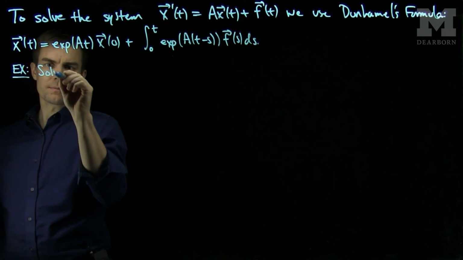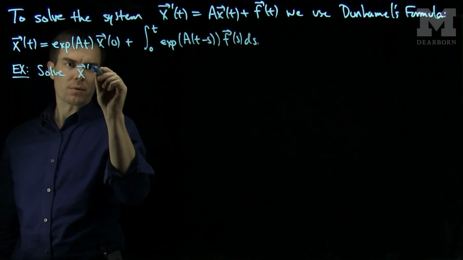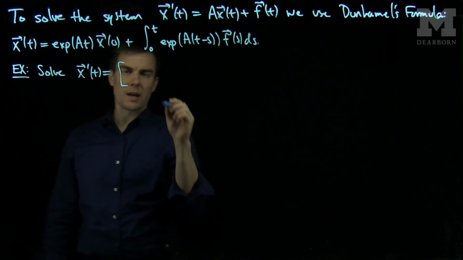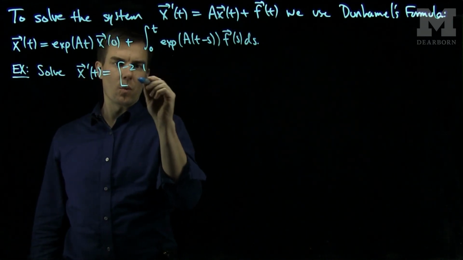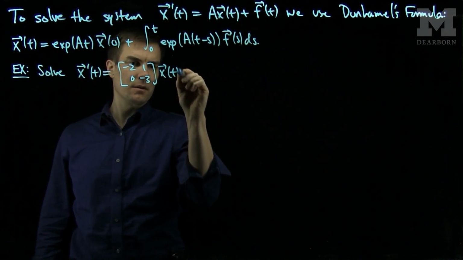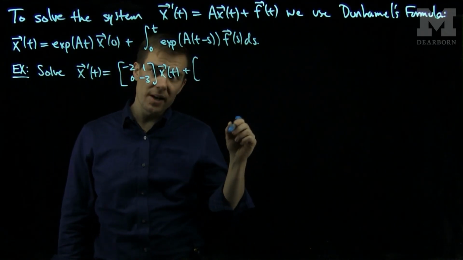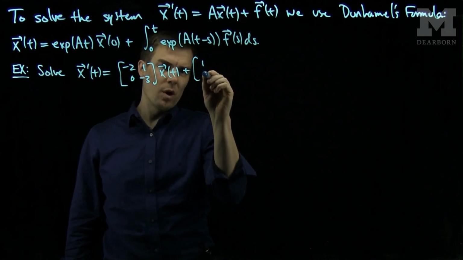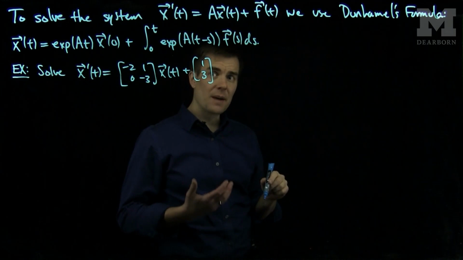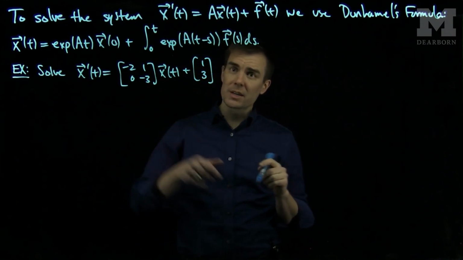Let's solve x prime of t equals the matrix A, which is negative 2, 1, 0, negative 3, times x of t, plus this non-homogeneous part, which is 1, 3. So in order to apply Duhamel's formula, I need to be able to compute the matrix exponential of this matrix.